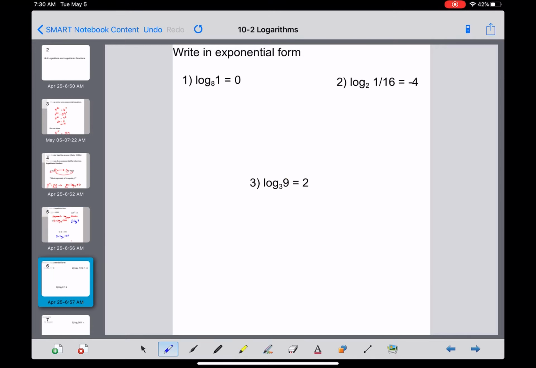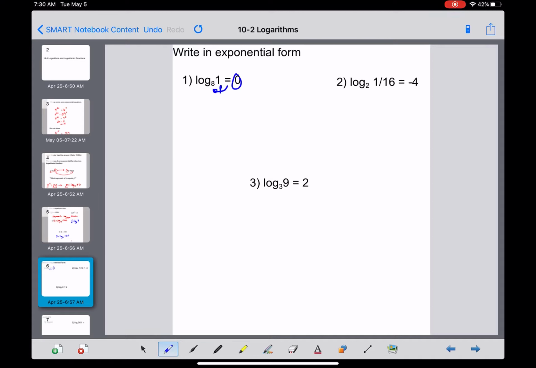Well, we can also do this the other way. We can take a logarithmic expression and write it in exponential form. It's going to follow that same pattern of exponent equals log with a base of the number. So whatever is the base of the log is the base of the exponent. So this first one, log base 8 of 1 equals 0.